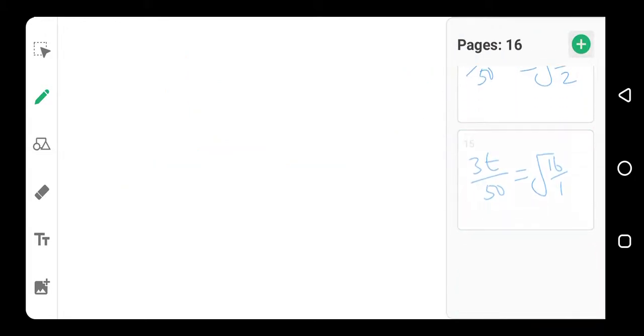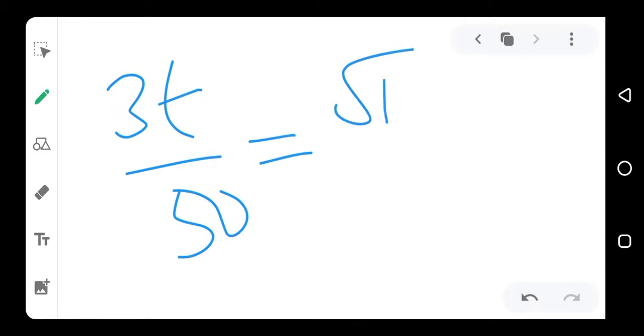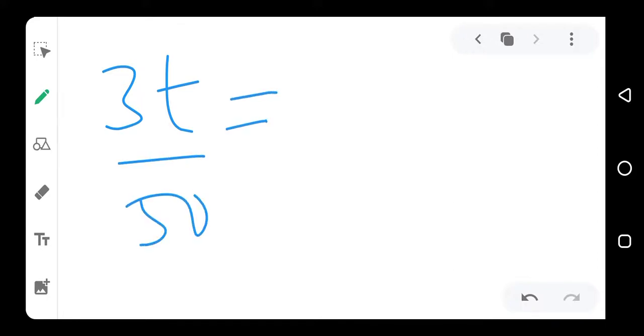So 3T over 50 is equal to root 16, which is 4, over root 1, which is 1.